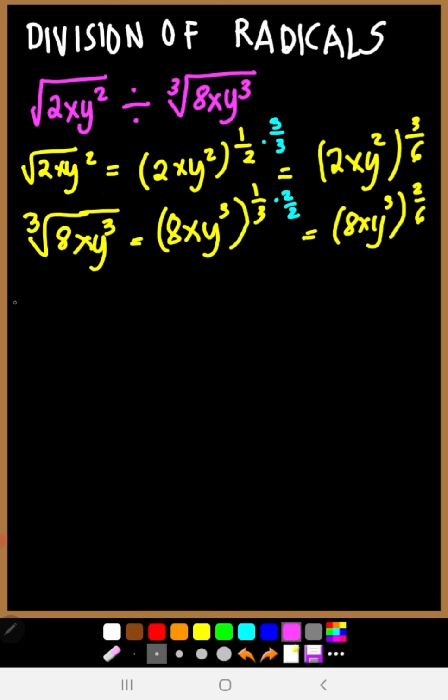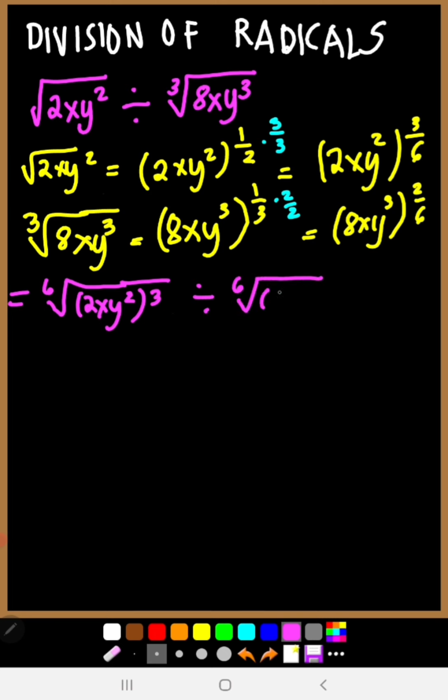So, magiging 6th root of (2xy squared) cubed divided by 6th root of (8xy cubed) quantity squared. Okay?